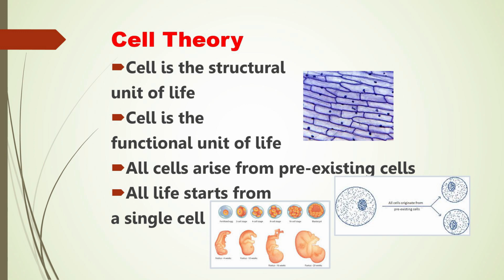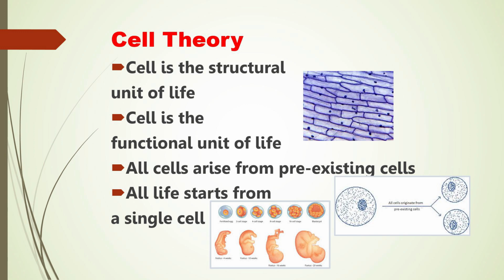The postulates of the cell theory are, first important thing, that the cell is the structural unit of life. Like I've just said, the entire organism is made up of tiny units called as cell. So whatever structure you can see for an organism is actually, the entire thing is made up of cells.